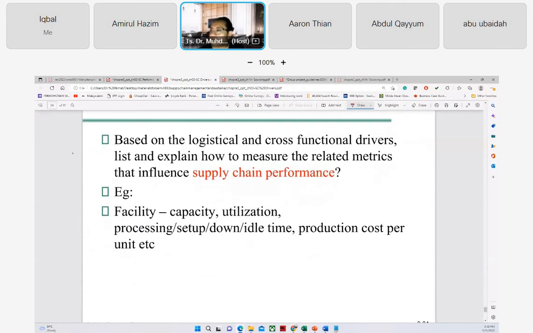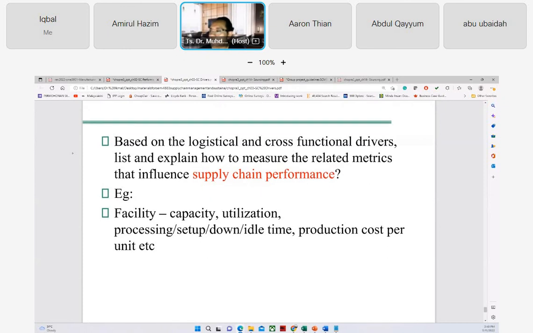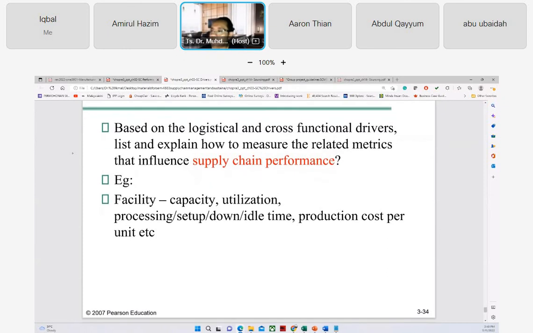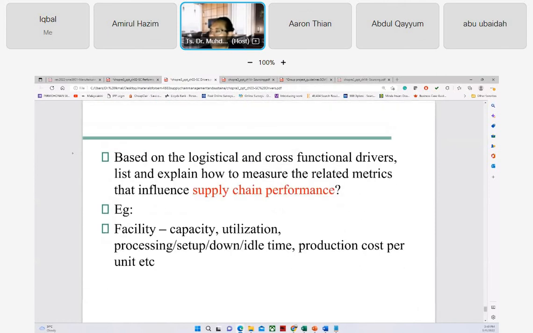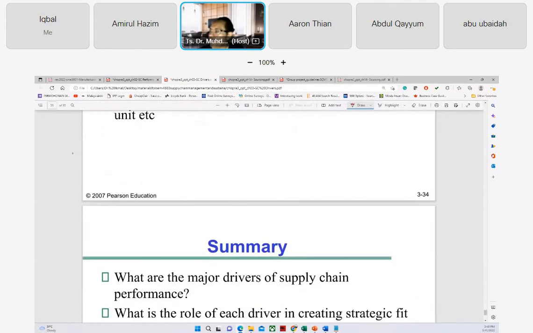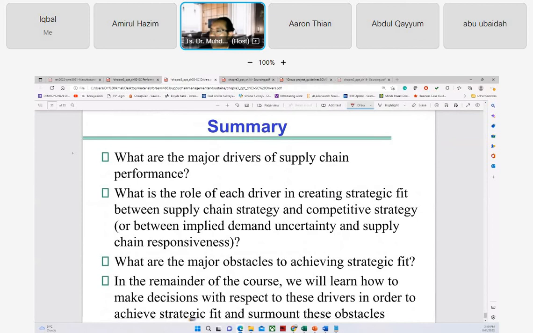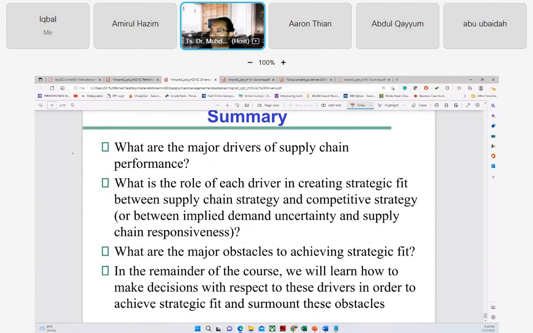Based on the logistical and cross-functional drivers, list and explain how to measure the related metrics that influence supply chain performance. This is a discussion, so skip that. In summary, I expect that you know what the major drivers of supply chain performance are.